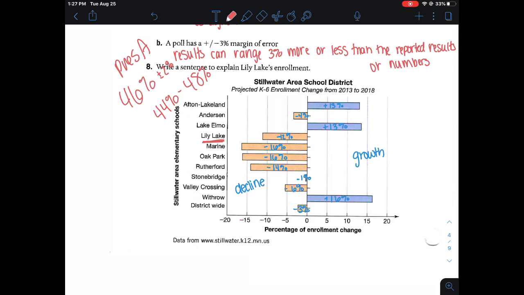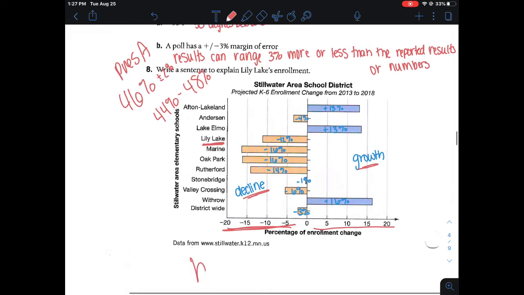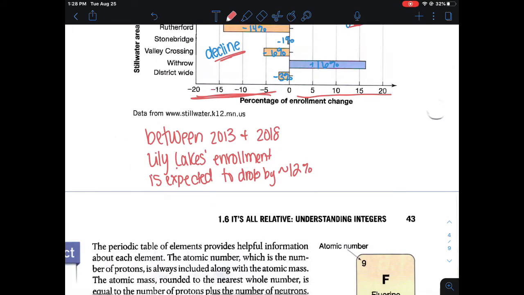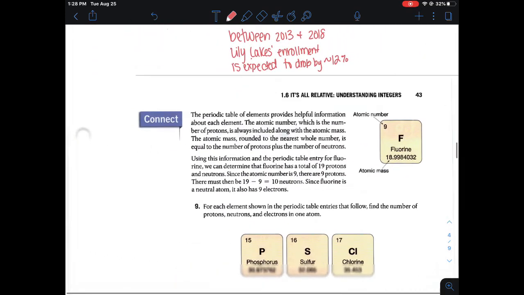So over here, we have percent change in enrollment with a positive growth. And over here, we have these negative percentages, meaning that the enrollment is going down. So for Lily Lake specifically, it looks like their enrollment is expected to drop by about 12%. So if you need to pause the video while you write that down, go ahead. Otherwise, I'm just going to keep going on.